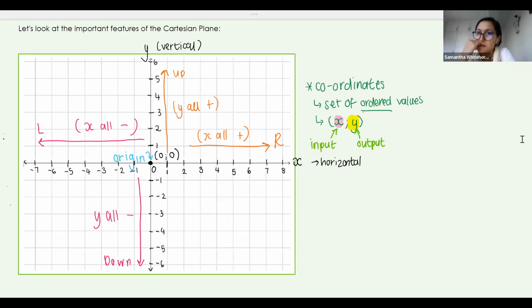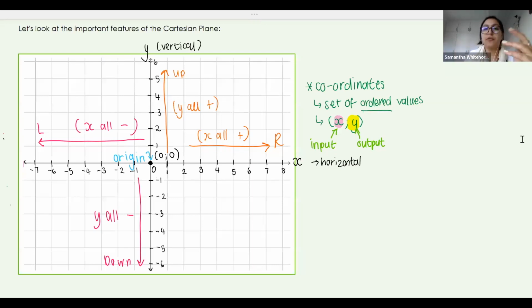So then the vertical one goes to the positive one, so the output goes to the positive numbers? So it won't always be positive. We're going to practice some coordinates now. It won't necessarily always be positive, but basically the output must always be plotted somewhere along the y-axis, and then the input must then correspond somewhere along the x-axis.